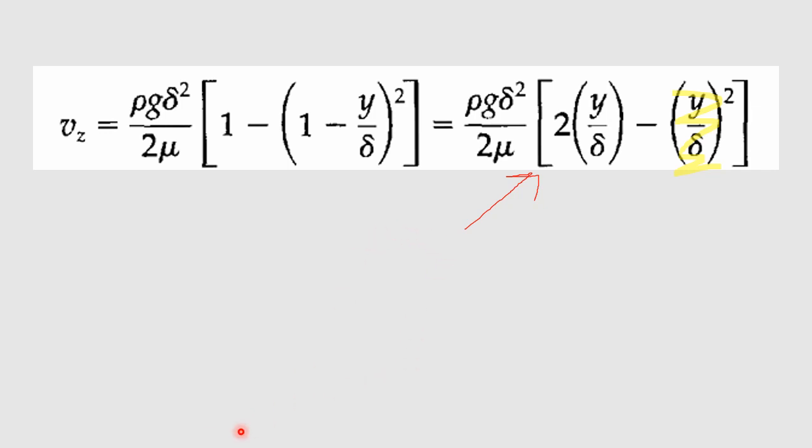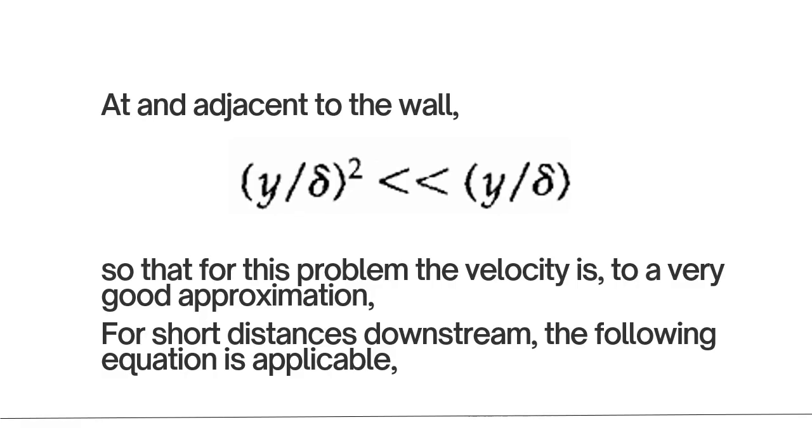So our equation can be written in terms of rho g delta square by 2 mu into 2 into y by delta. So the delta cancels, 2 cancels. Yeah, this is the approximation.